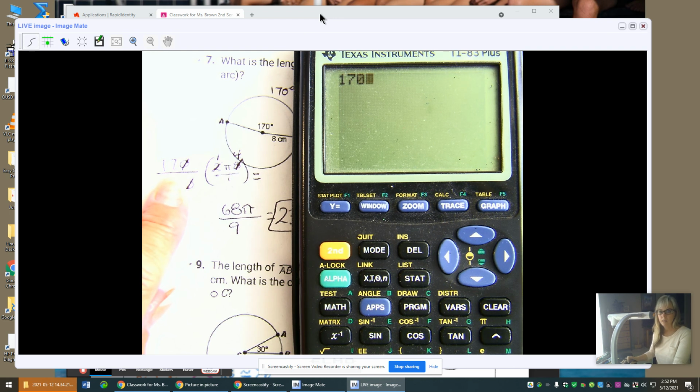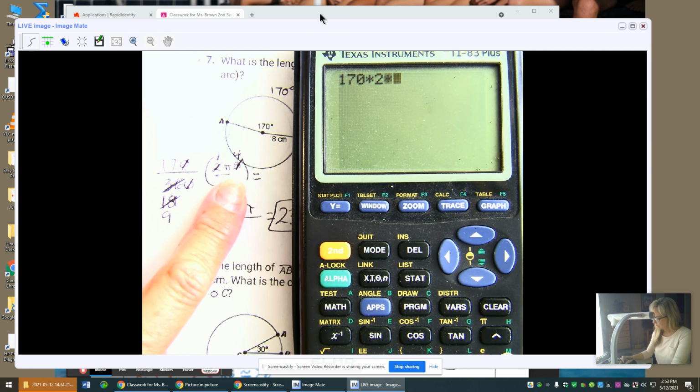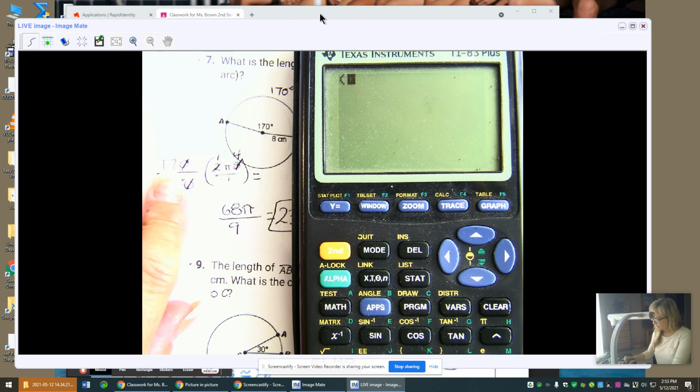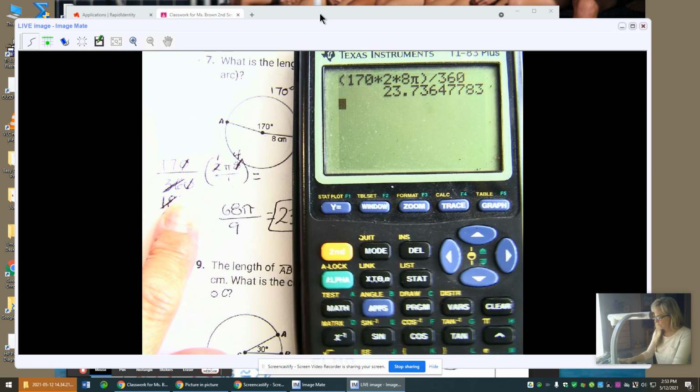We could have done 170 times 2 times 8 times pi. Actually, clear out. I'm going to put it all in parentheses. 170 times 2 times 8 times pi. That's the numerator. Surround it by parentheses and then divide by 360. Divided by 360, and we'll get the same answer.